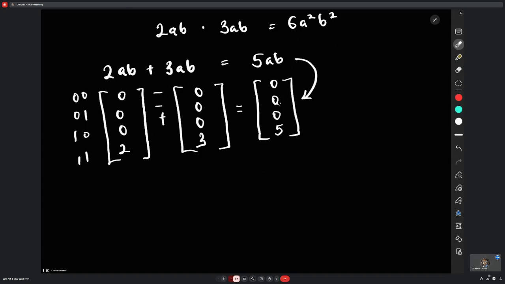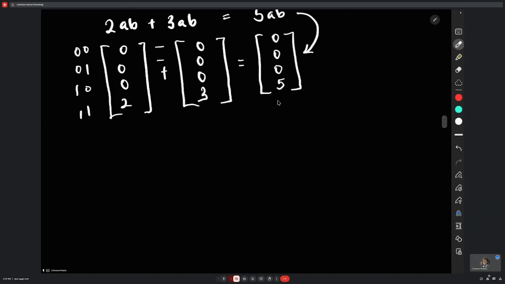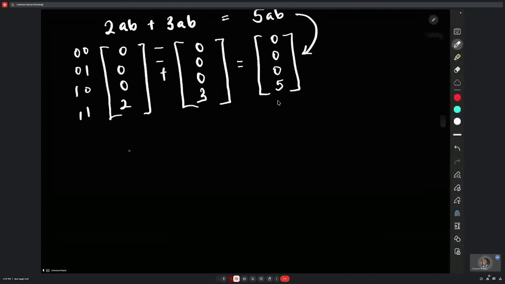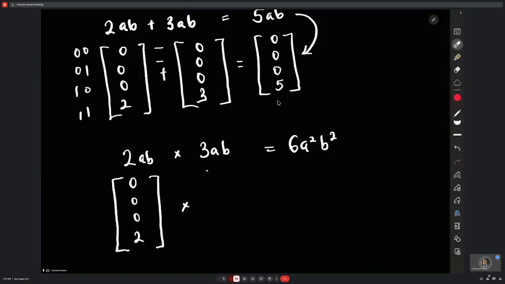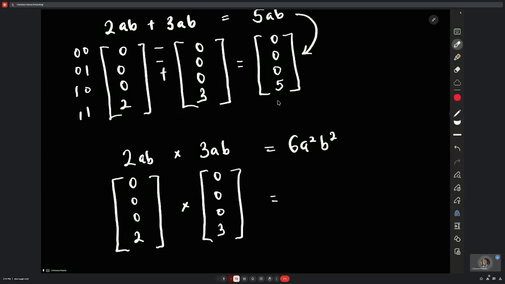So 2ab times 3ab, what should be the answer in the coefficient form? 6a squared b squared, right? So this is 2ab, 0, 0, 0, 2, and we are saying we should multiply it by 0, 0, 0, 3. And what do we say our answer will be?